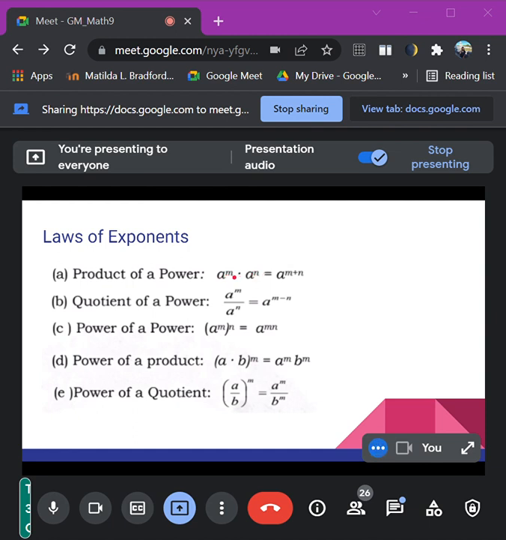Okay? You add their exponents. So you will have there, as you can see, a raised to m times a raised to n is equal to a raised to m plus n. The base is the same.